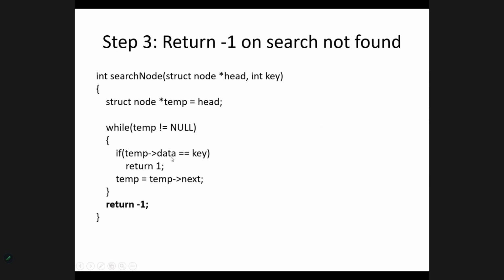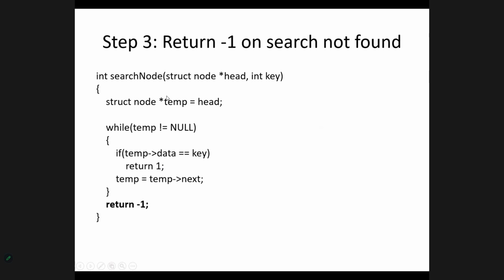If temp data equal to key, then return 1, and then temp next will be assigned to temp to move forward. Okay, if nothing happened during this, that means there is no key to be found, right? So then it will return -1, right? So return 1 means search found, return -1 means search not found.